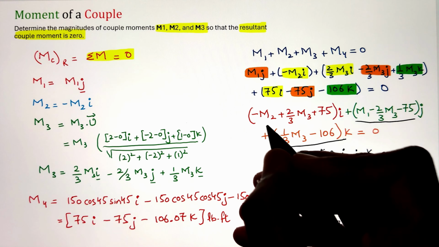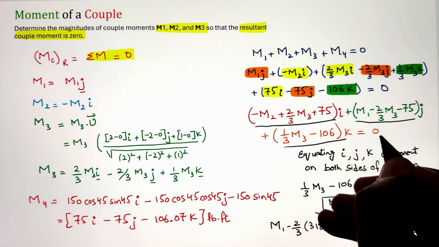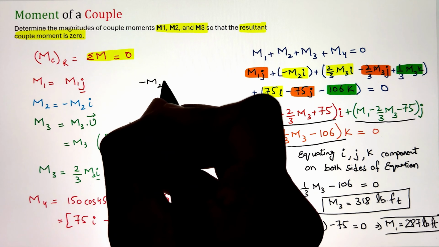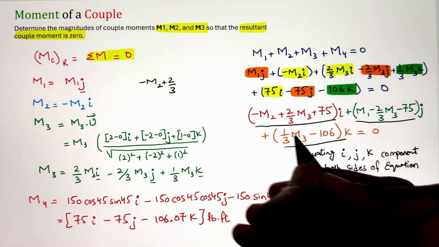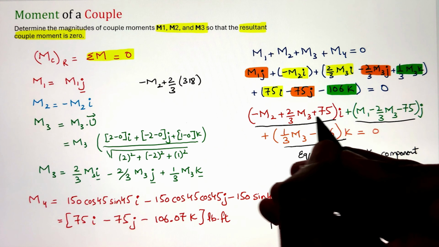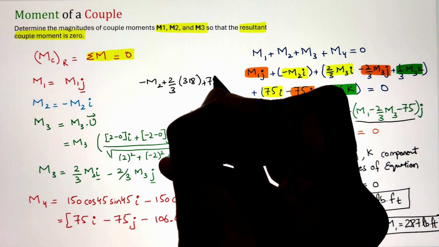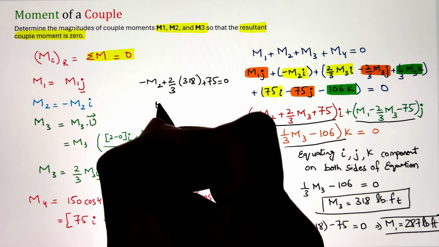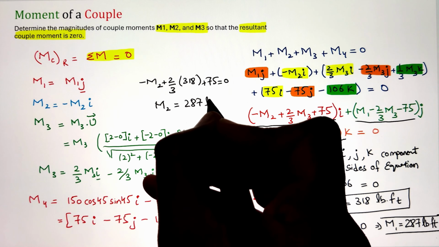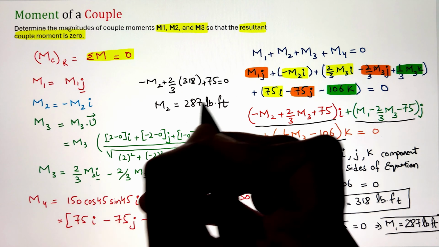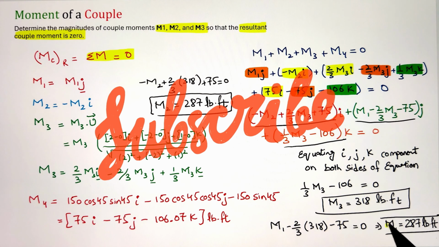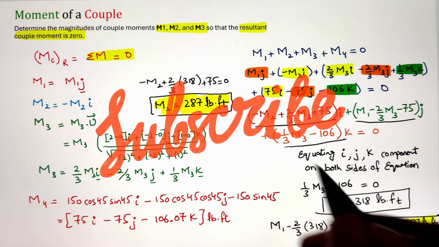Finally, we can equate the i terms and figure out our value of M2. I have negative M2 plus 2 over 3 M3. Since we already know the value of M3 is 318, let's plug that in, plus 75 equals 0. Simplifying, we get our M2 value as also 287 pound-feet.